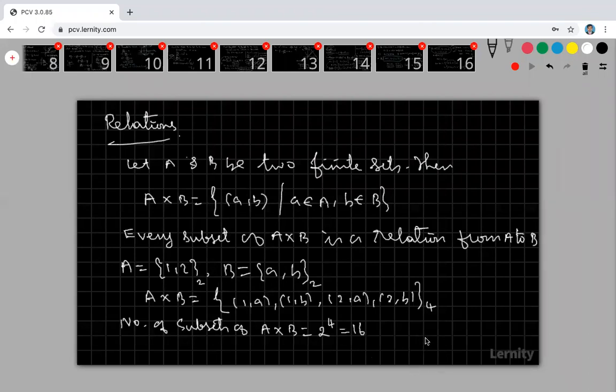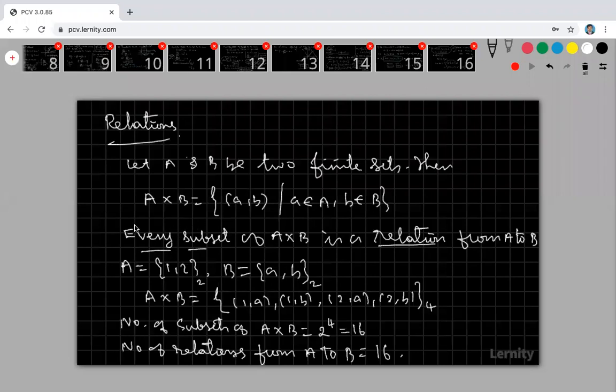So what is the definition of relation? Every subset is a relation. Therefore the number of relations from A to B is also 16. The number of subsets of A cross B and the number of relations from A to B are both the same, because every subset is a relation.